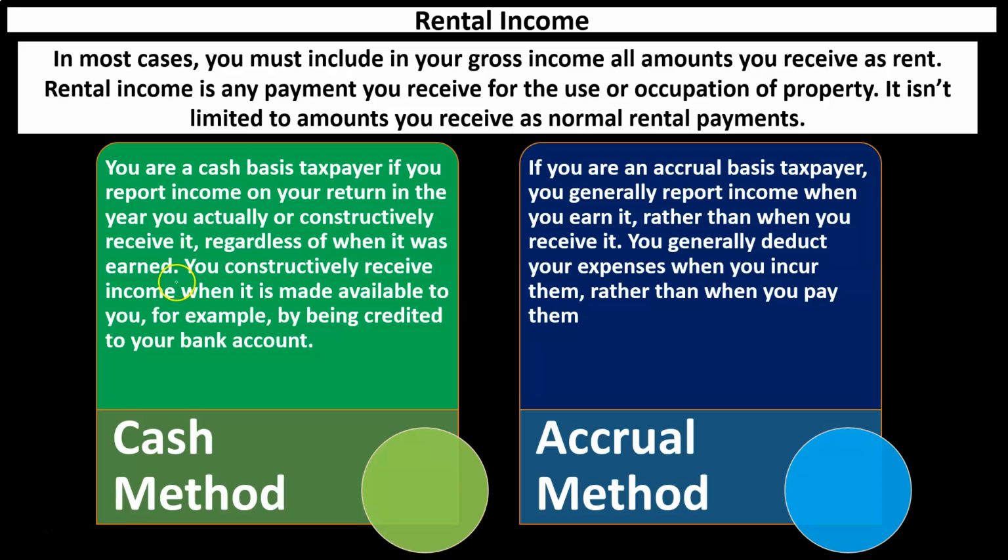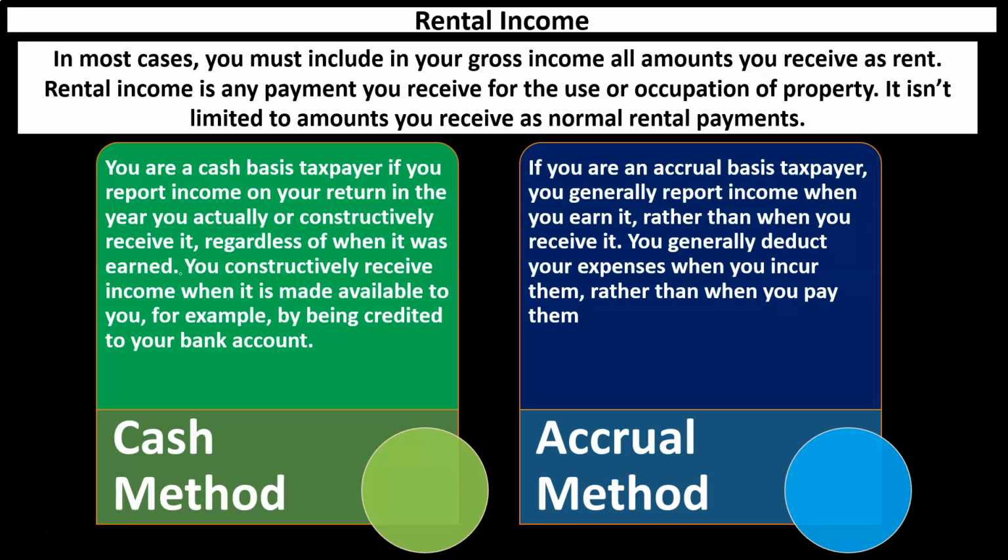So in other words, if you got like a prepayment or something like that and you received the cash and you record the cash as income at that point in time, then you're basically on a cash method, as opposed to if you receive, say, a prepayment and you didn't record it as income until the point in time that the income was earned, meaning the person actually used the place in order to then consume the revenue that was earned. You have to provide the rental service for the period of time covered in order to report the income.